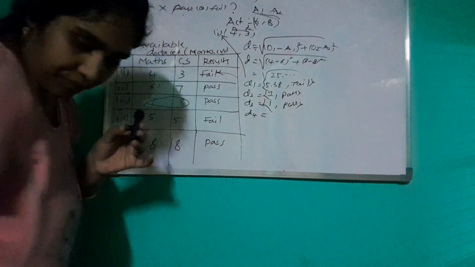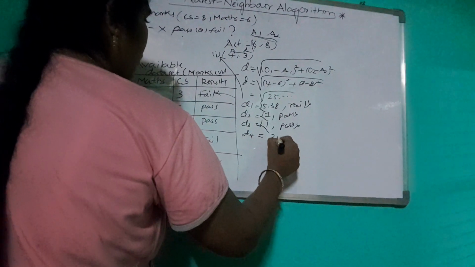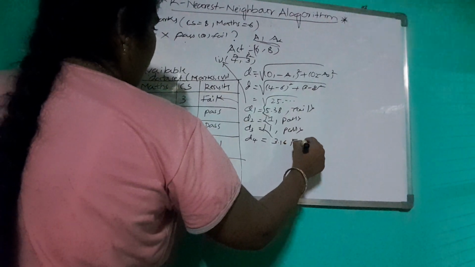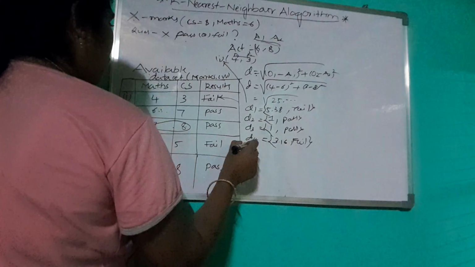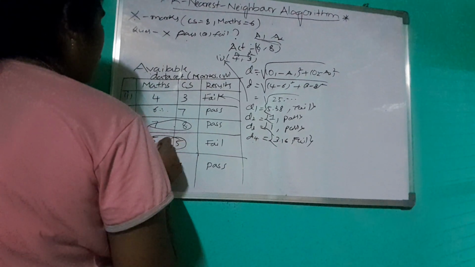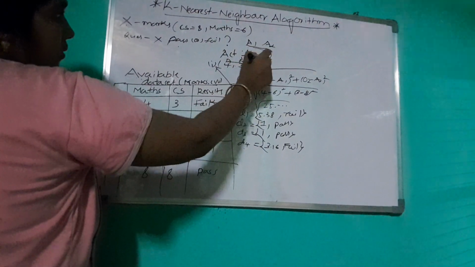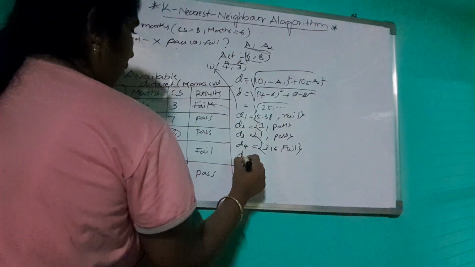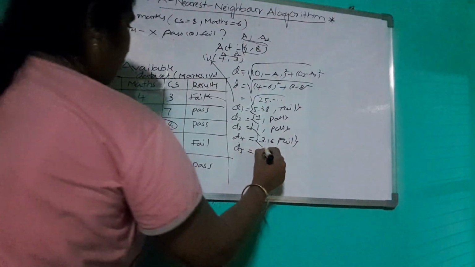Distance 4 we get 3.16, category is fail. Distance 4 is the distance between the fourth point and the actual given value. And distance 5 is 2, and category pass.